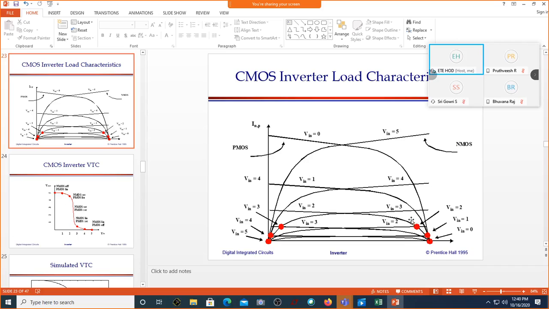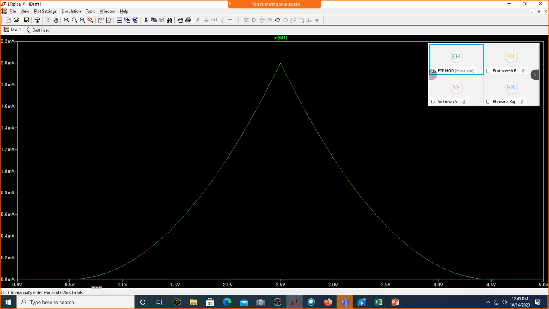Can you see this is increasing, goes to a peak, and then again comes down? This is how the current increases and then comes down. Exactly that is what is in your simulation. Can you see the current is increasing here, which is off, which is on?